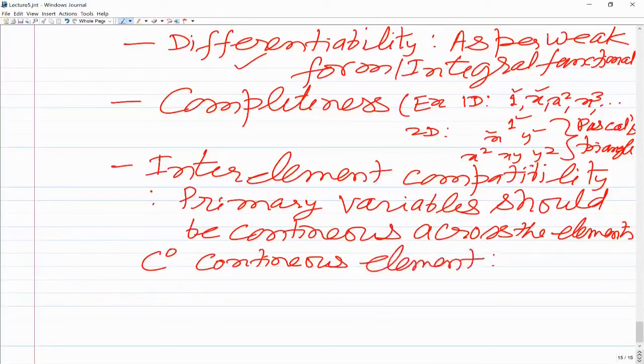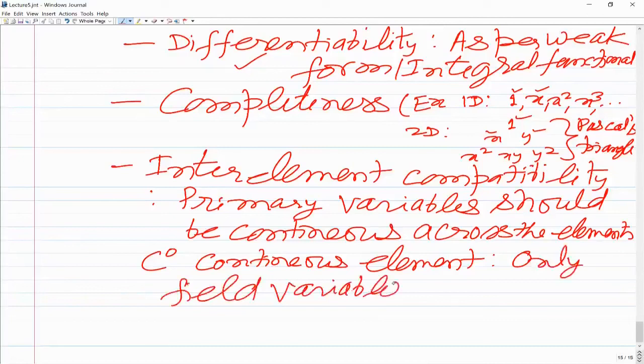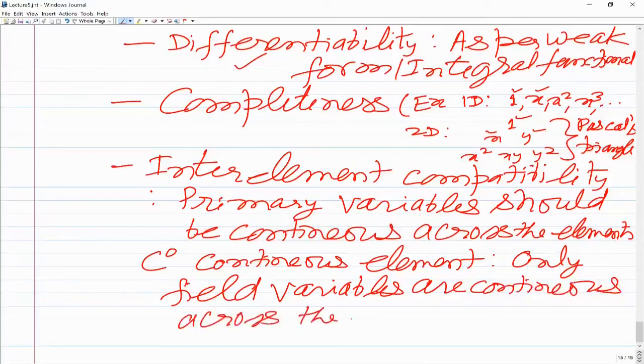So in these types of elements, you will have primary variables only, not their derivatives. So we say only field variables are continuous across the elements. Such elements are known as C naught continuous elements.